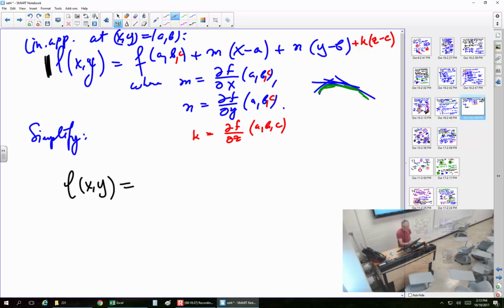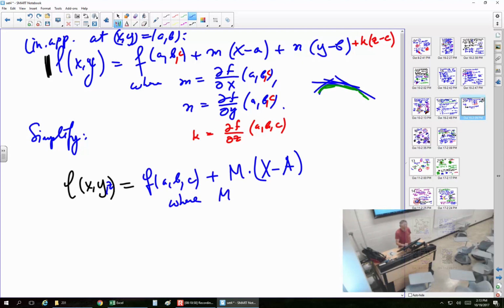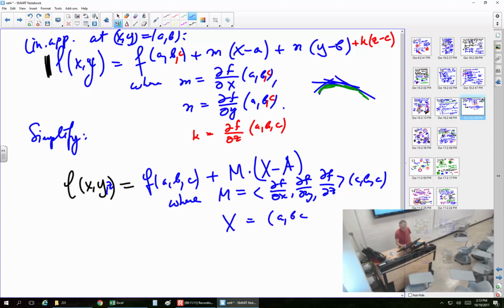So it will be simply f(a, b, c) plus vector, I think I called it m, dot (x minus a), where m is made of partial derivatives, d/dx, d/dy, d/dz at (a, b, c). x is equal to (x, y, z), the variable point, and a is equal to (a, b, c), the fixed point that we are studying.